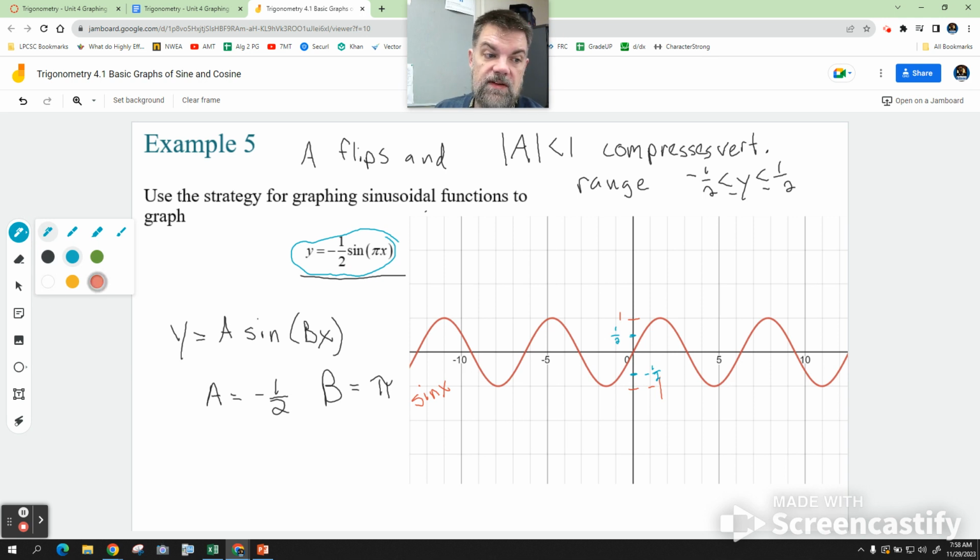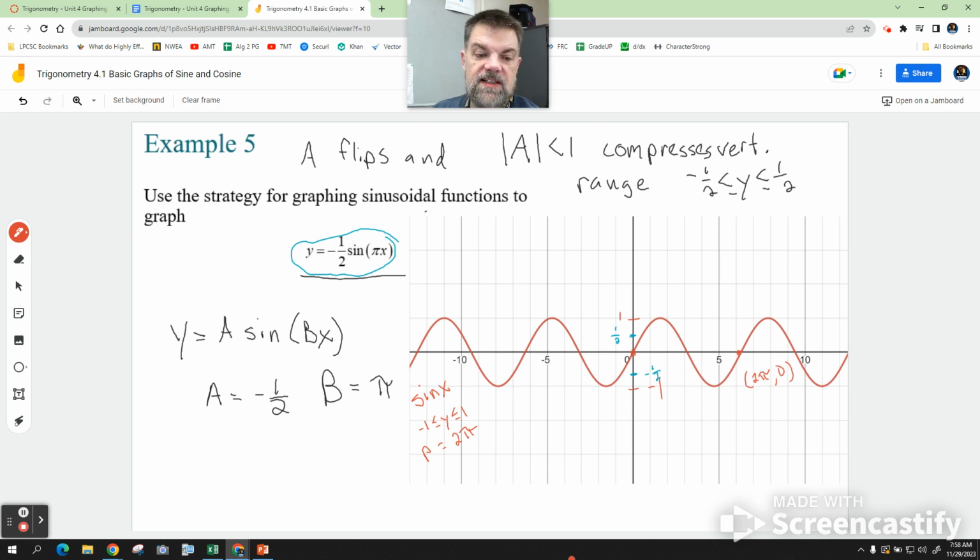So remember that for sine, the range is from negative 1 to 1, and the period P is equal to 2 pi. From here to here, this point right here is 2 pi, comma 0. Okay? That's sine.